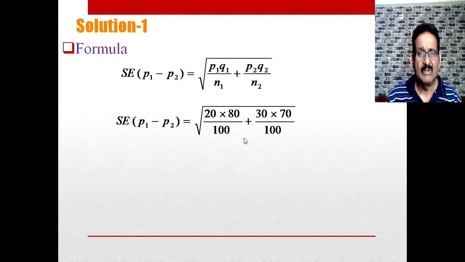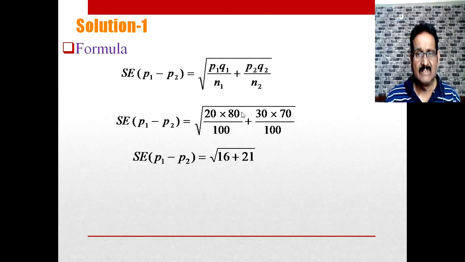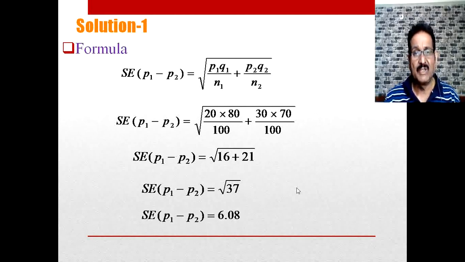We can take out the common 100 and solve this. That is 16 plus 21, that is 37. So the square root of 37 is 6.08. The calculations are so simple, you can easily calculate the standard error of two proportions.